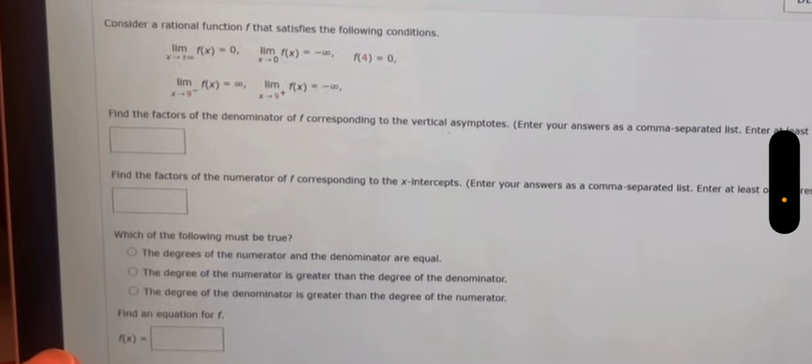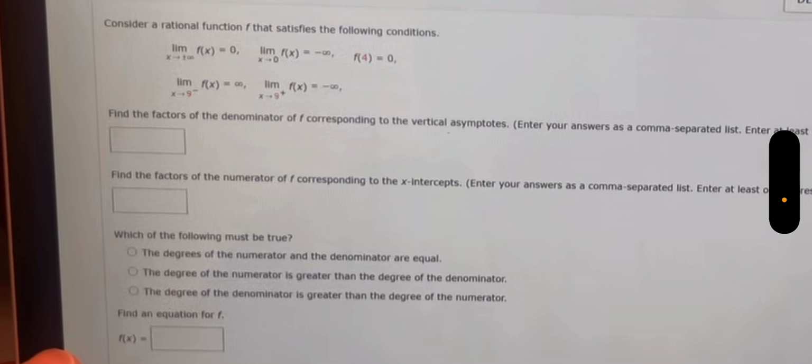In that test, we're comparing the degree of the numerator to the degree of the denominator. The first case is when the degree of the numerator is less than the degree of the denominator, then your horizontal asymptote is just going to be y equals 0.